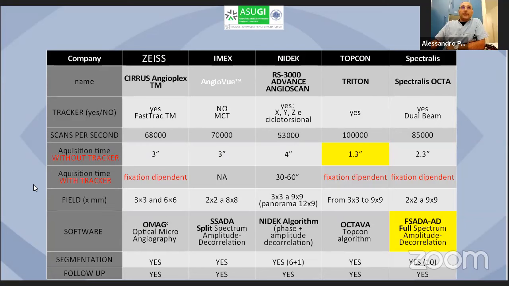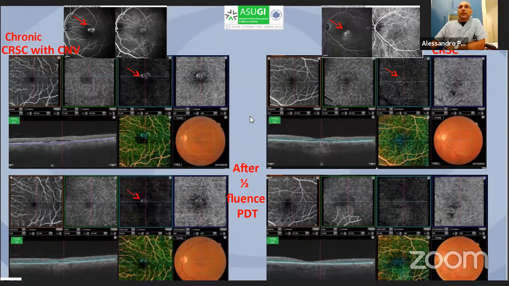And these characteristics changed progressively in the last years, and I think it makes no sense to make a table like that updated at this moment, because always new companies create angio-OCT with different characteristics and different software.